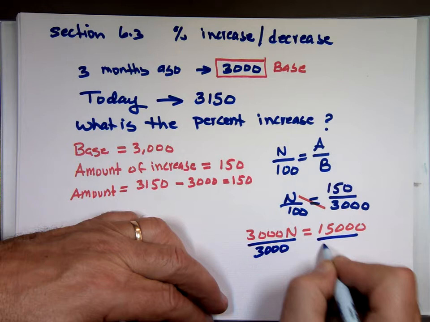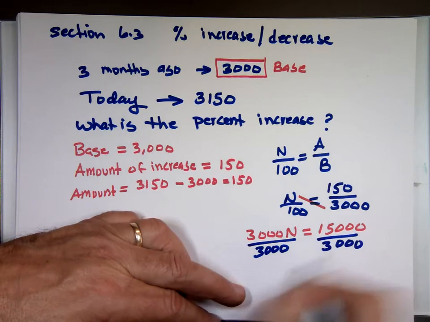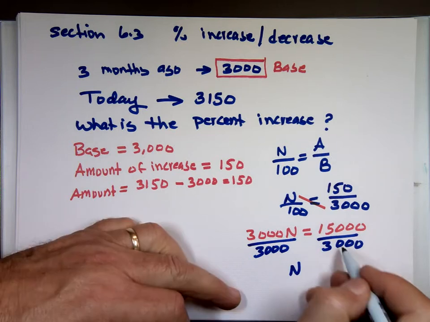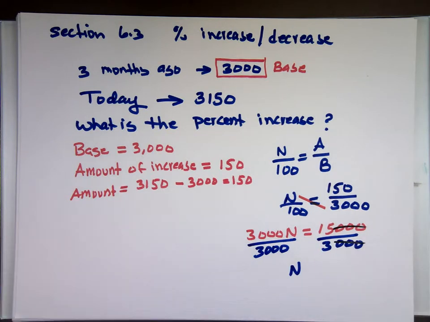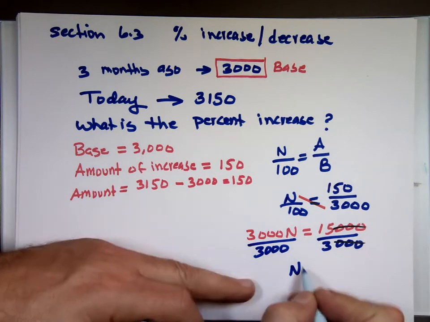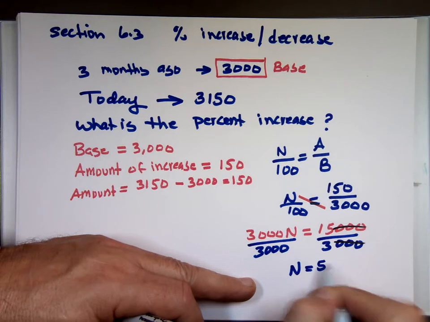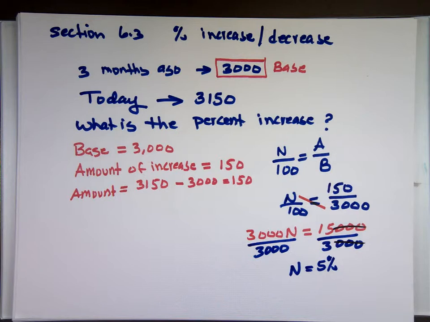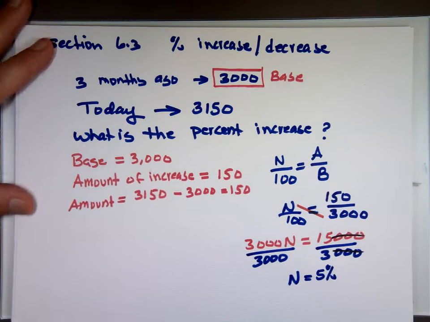Divide by 3,000. Notice these zeros here, you can cross them out. 3 zeros. What's 15 divided by 3? So you had a 5% return on your investment. That's a percent increase.